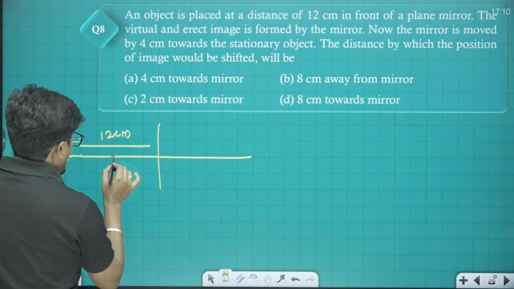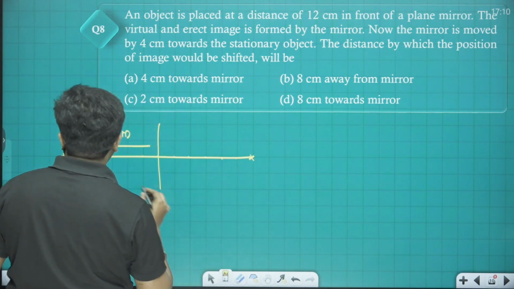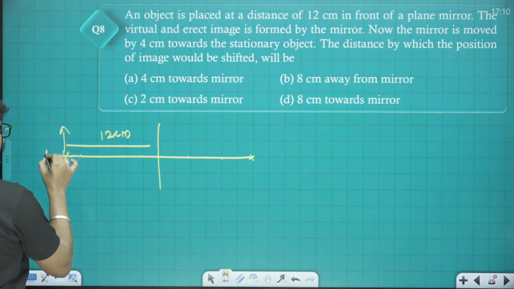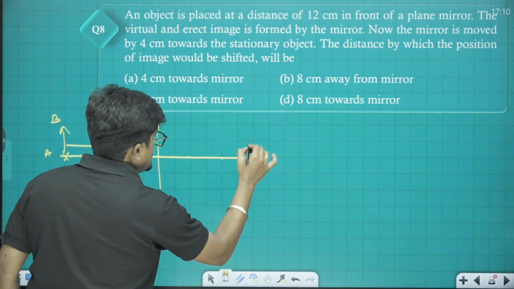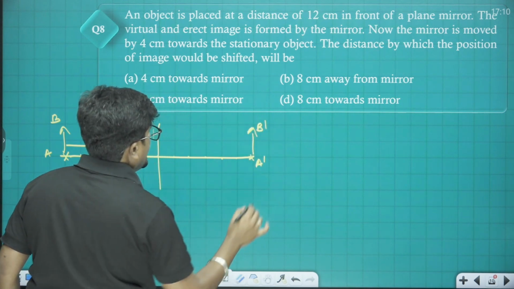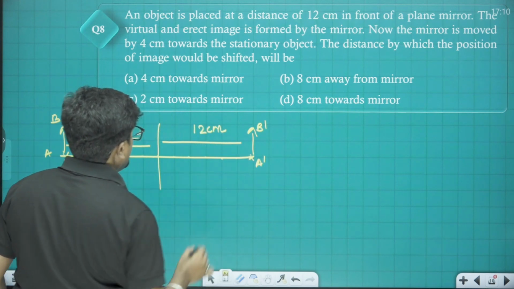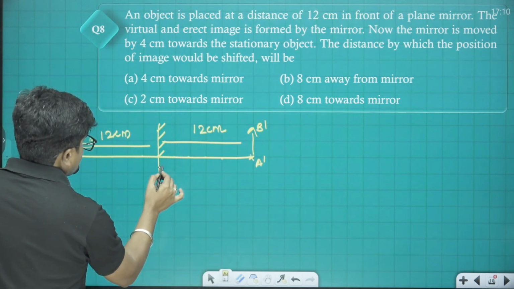So 1, 2, 3, 4, 5, 6. So here will be the image. So here this is AB, and here this is A dash, B dash. This is 12, and this one also needs to be 12. Here this is the plane mirror.